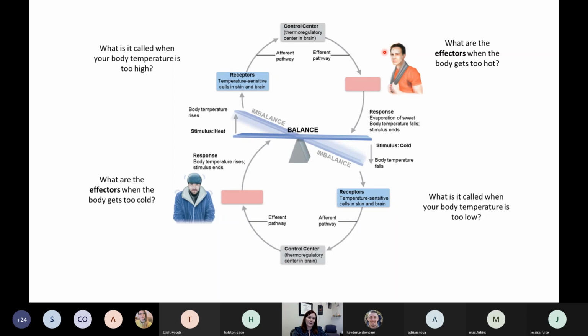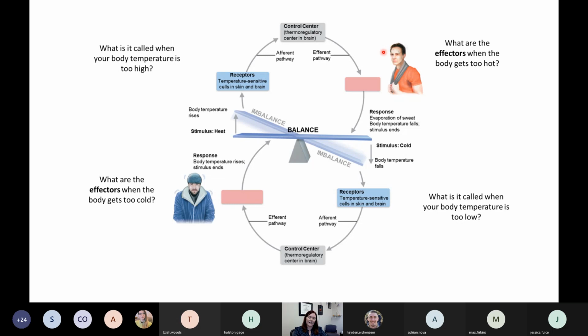What's that watery sweat gland? Yeah, the watery sweat gland is the eccrine glands. So when you get really hot, we sweat because when water comes off of your skin, it takes with it the heat from inside of you. So the first thing we do when we have hyperthermia, we activate, one of my effectors is the eccrine glands. They spit out sweat, that helps to cool me off.